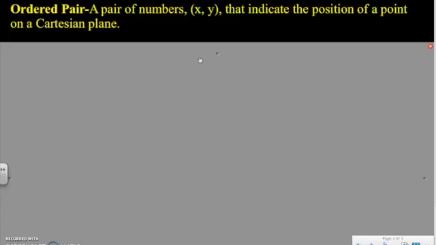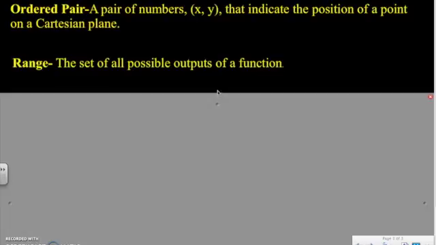So Cartesian plane, coordinate plane, same thing. But just remember with the ordered pair, x is always first, y is always second. And I'll say that again. X is always first, y is always second. That seems easy, but it's something that confuses students every year. Easy way to remember that, alphabet. X comes before y. So in the ordered pair, x comes before y as well.